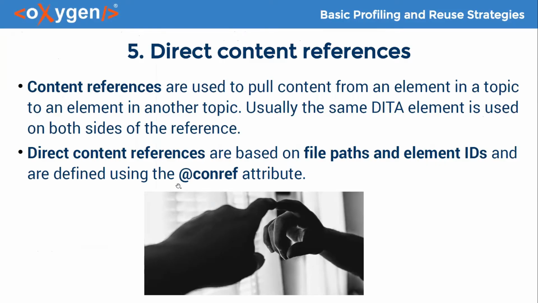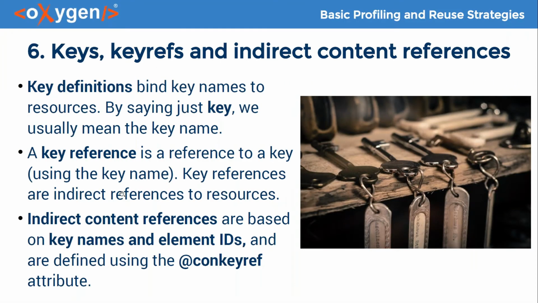Now let's move on and talk about indirect content references. But first we have to talk about keys. In DITA, key definitions bind key names to resources such as files or keywords. And when we simply say key, we usually mean the key name.